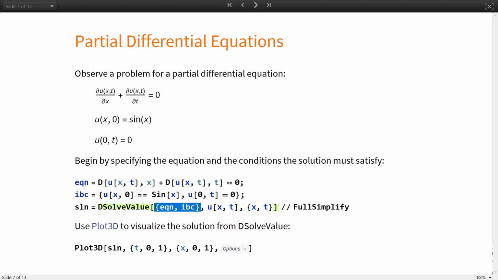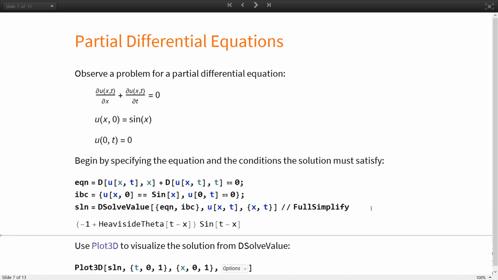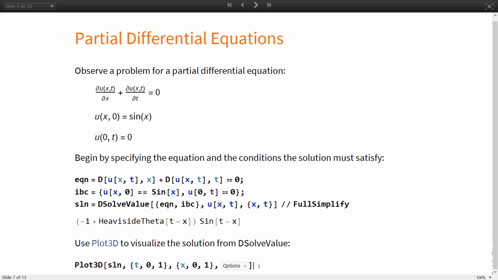The first argument is the list containing the equation and conditions. The second argument is the dependent variable, while the last argument is the list of independent variables. Since the solution depends on two independent variables, we need to use Plot3D to visualize the solution.